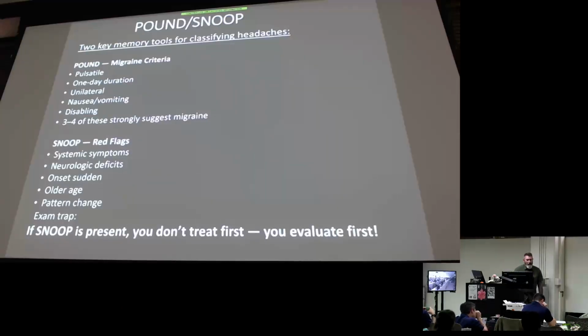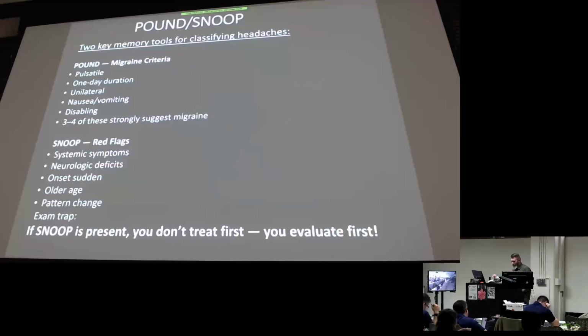If you use the SNOOP acronym to classify your headache, and it's showing up with systemic symptoms, any kind of neurological defects or deficits, if it's a sudden onset, or if it's that older age onset, meaning over 50 and this is the first time this has happened, or any change in a patient who may be older or younger, but they've had headaches in the past, but now they're different, a significant change in those headaches.